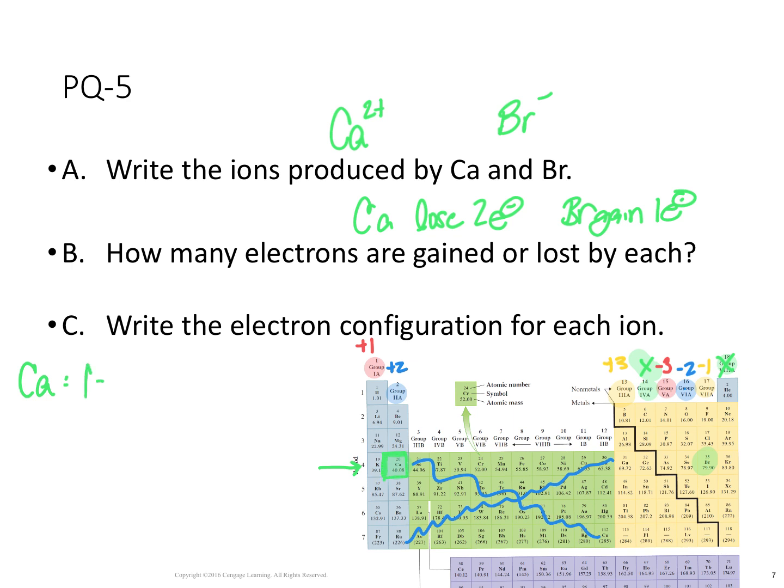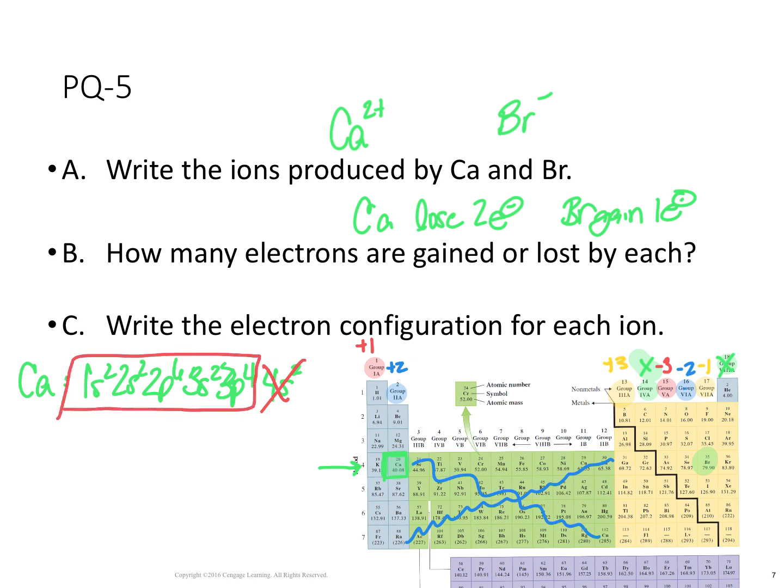So we've got 1s2, 2s2, 2p6, 3s2, 3p6, 4s2. So that's calcium neutral. We said calcium loses 2 electrons, so we are going to get rid of the 2 outer electrons, and what we are left with is all the way up through 3p6.